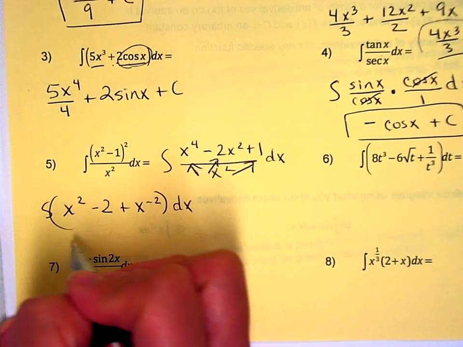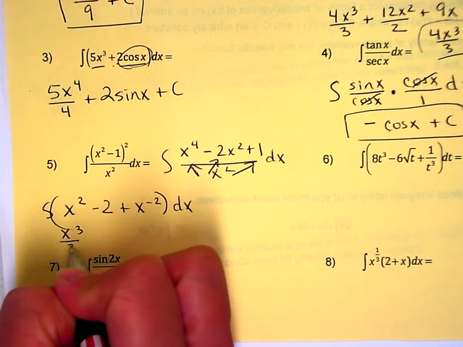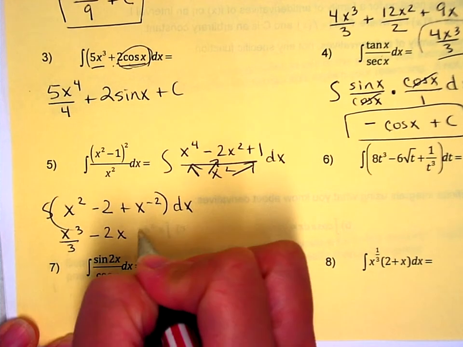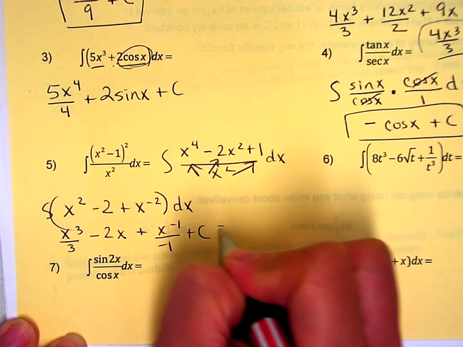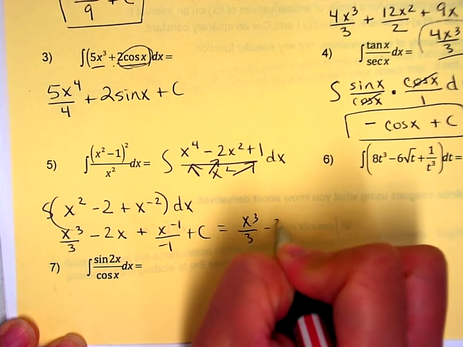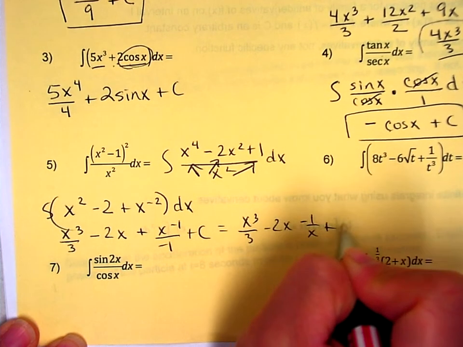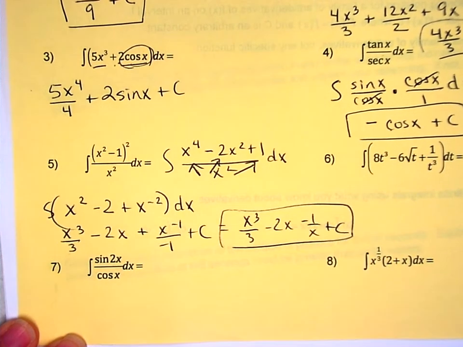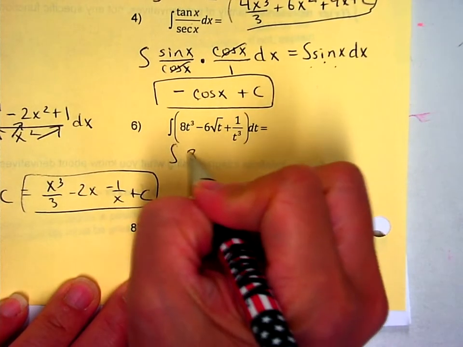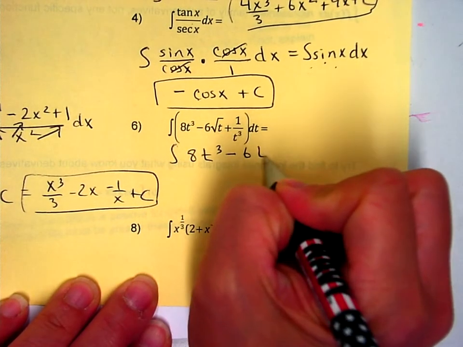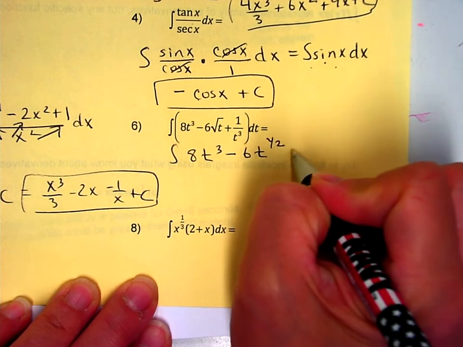Now I can take the antiderivative of each piece, x cubed over 3 minus 2x plus add 1, divide by the power. I'm going to simplify this to be minus 1 over x. Plus c.